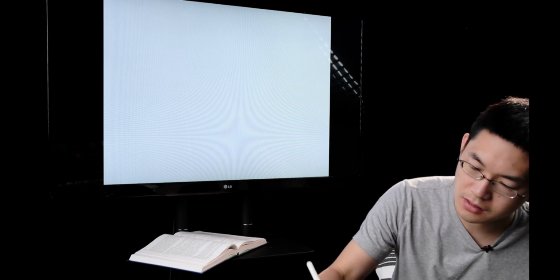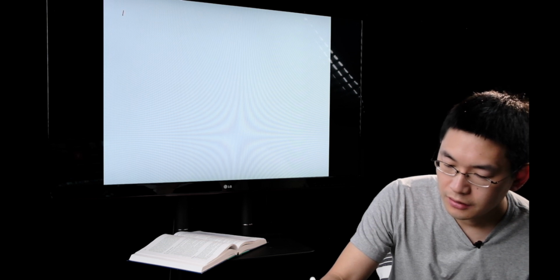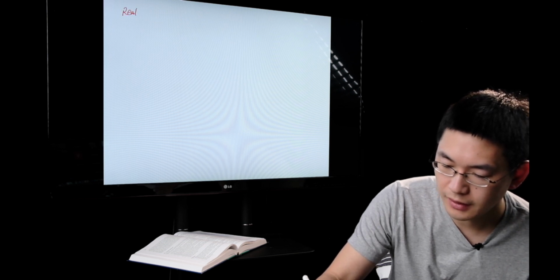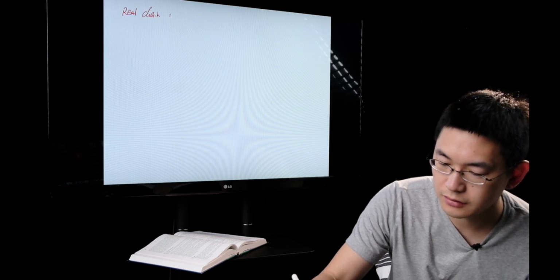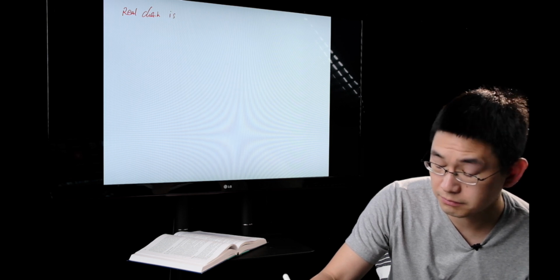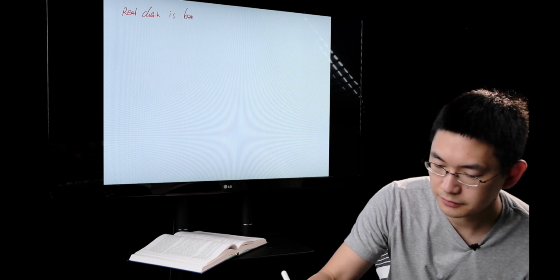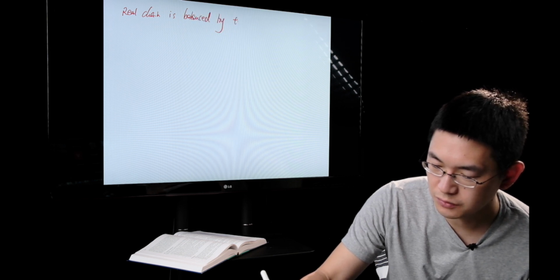So what kind of force can you think about for a polymer in a good solvent? What is restricting its expansion? What is promoting expansion? So let's say your real polymer chain is balanced by two forces.